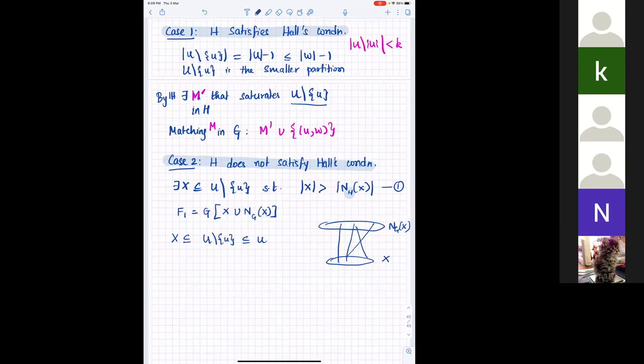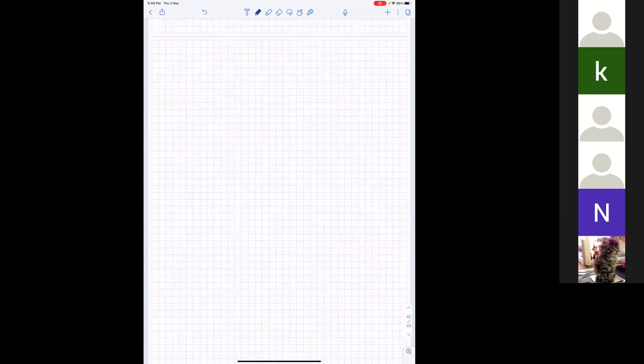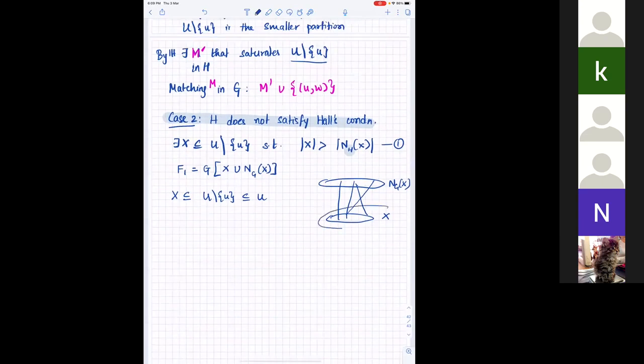I must look at the set of vertices in the subset X that is contained in this U, and say that this is the smaller partition. Its cardinality has to be less than K, then I can easily use the inductive hypothesis. So from this, I know that the cardinality of X is strictly less than K.